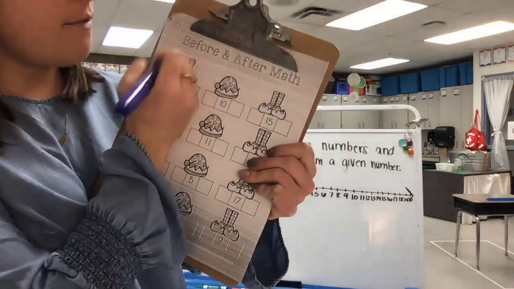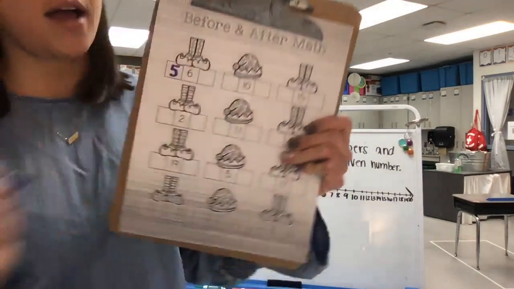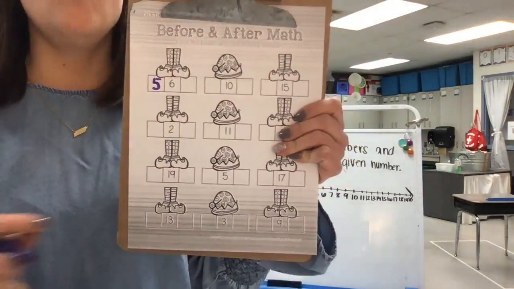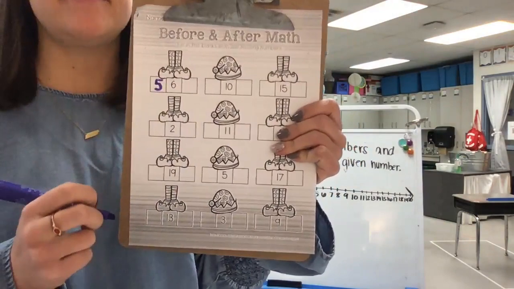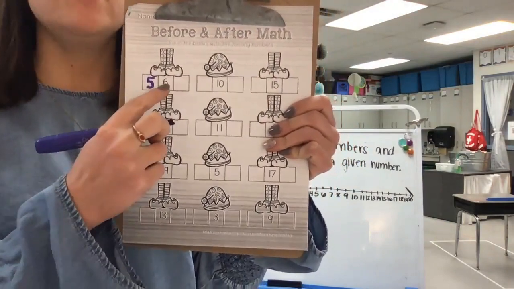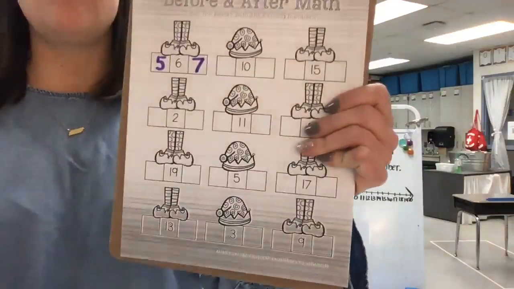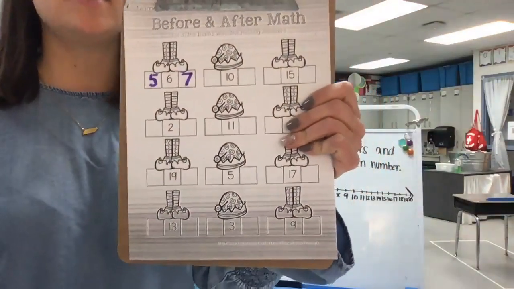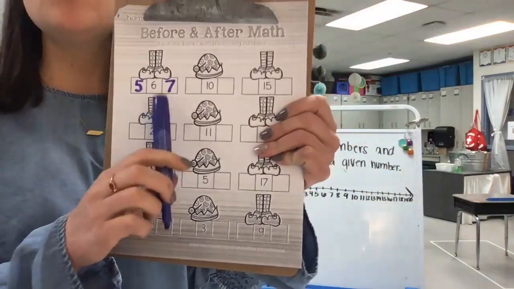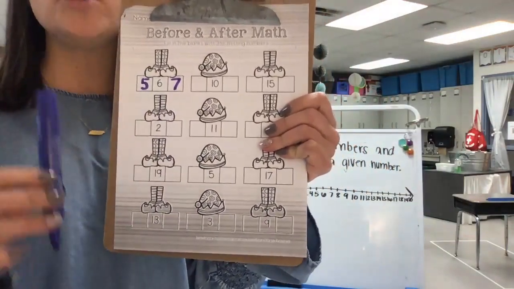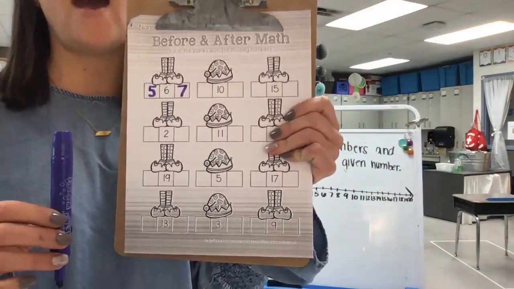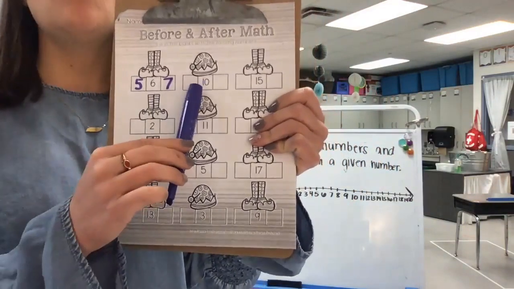So we're going to write a 5 in the first box. What number comes after 6? 5, 6, 7. Across the sky and down from heaven. That's the way to make a 7. So you just sequenced those numbers and you also counted on from the number 5. Good. Let's go over to the next one.